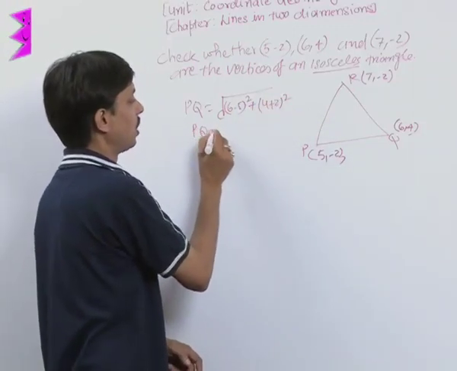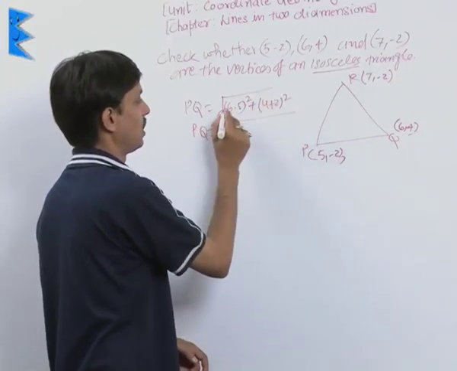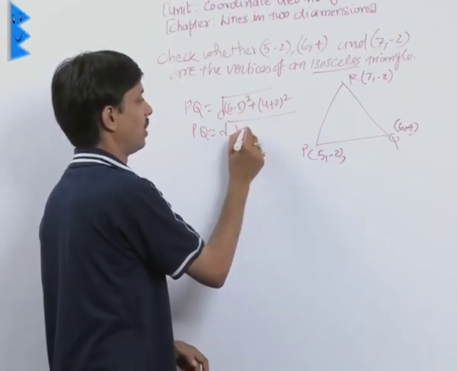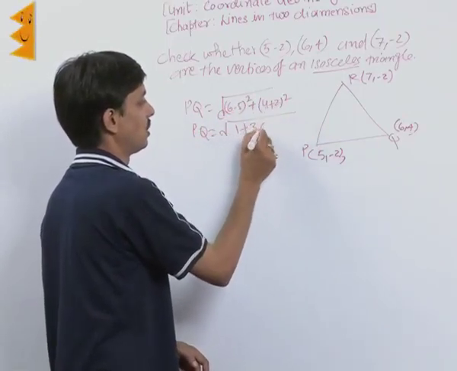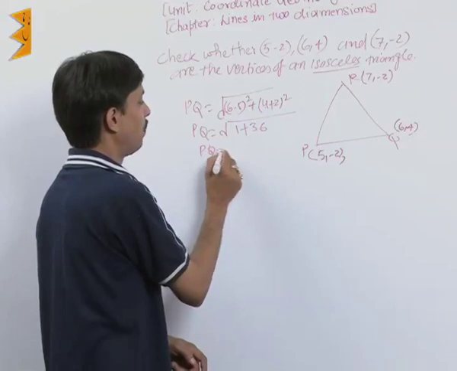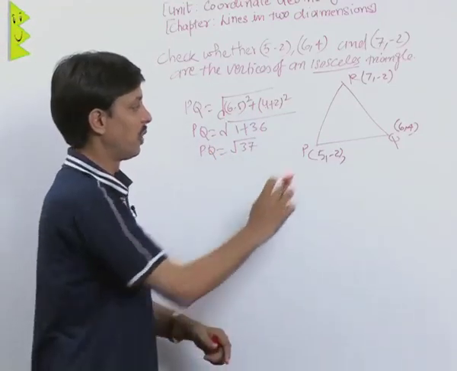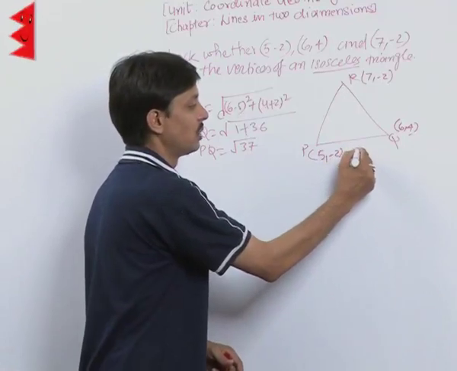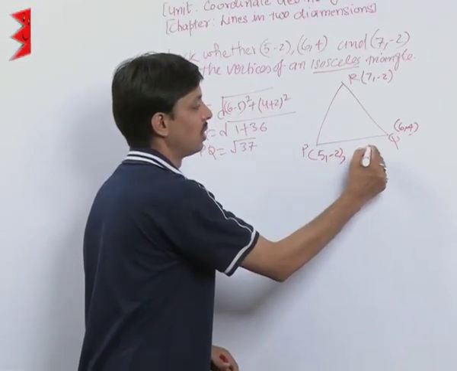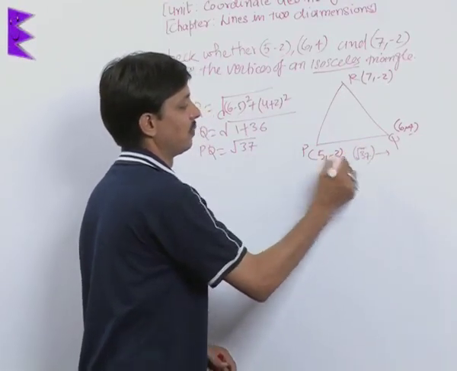The length PQ is the root of 1 square, which is 1, plus 6 square, which is 36. So the length of PQ is root of 37 units.